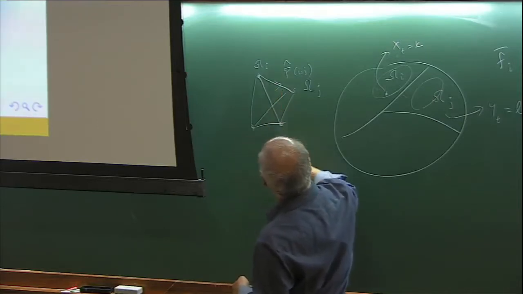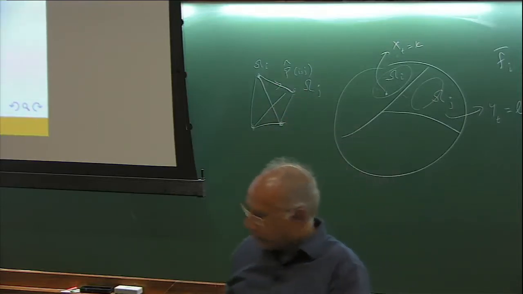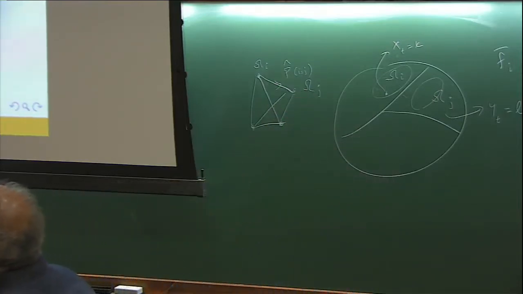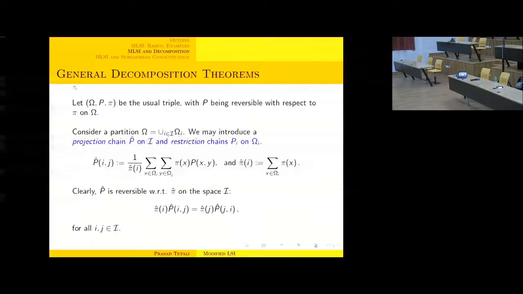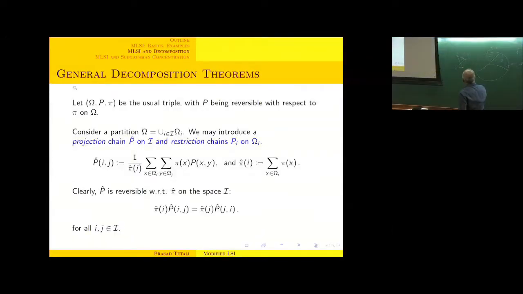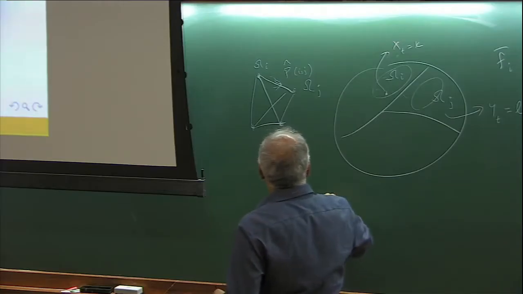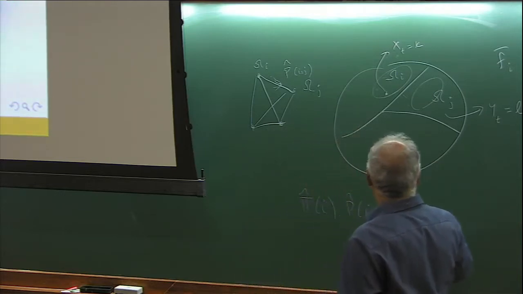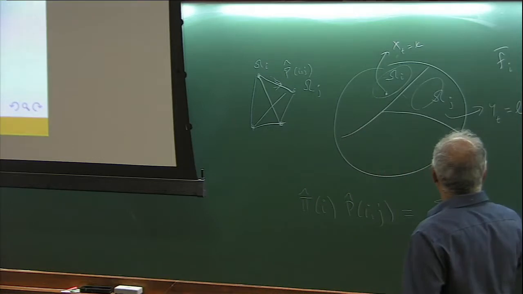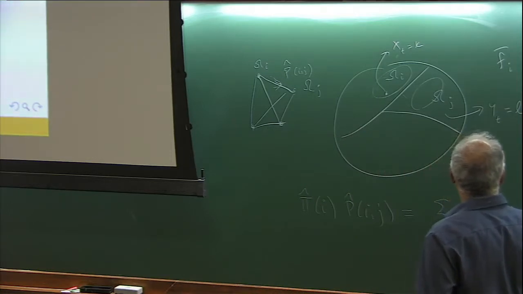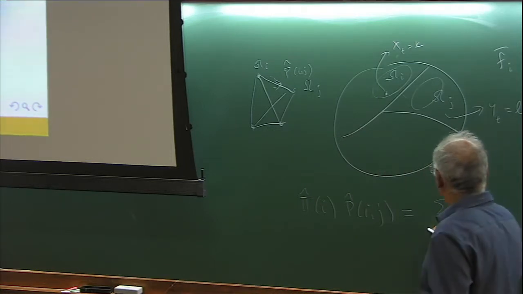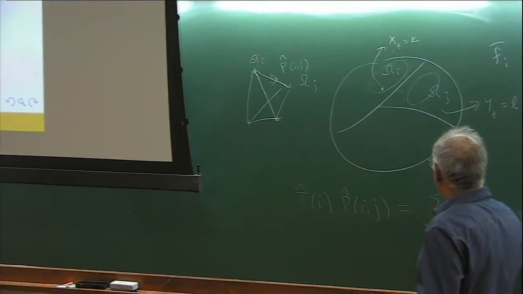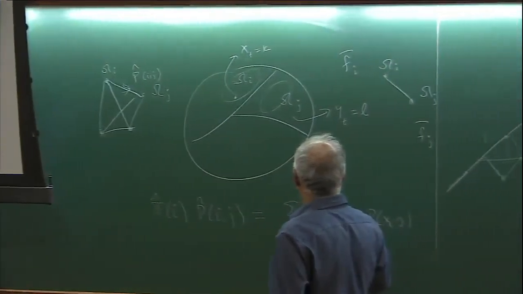Right? And how to define that? Well, there's a natural way. The way to look at it is to think of pi bar I, p bar ij. Rather than this transition, define p bar ij so that this is equal to the total flow between those two parts, which is x in omega I, y in omega j.